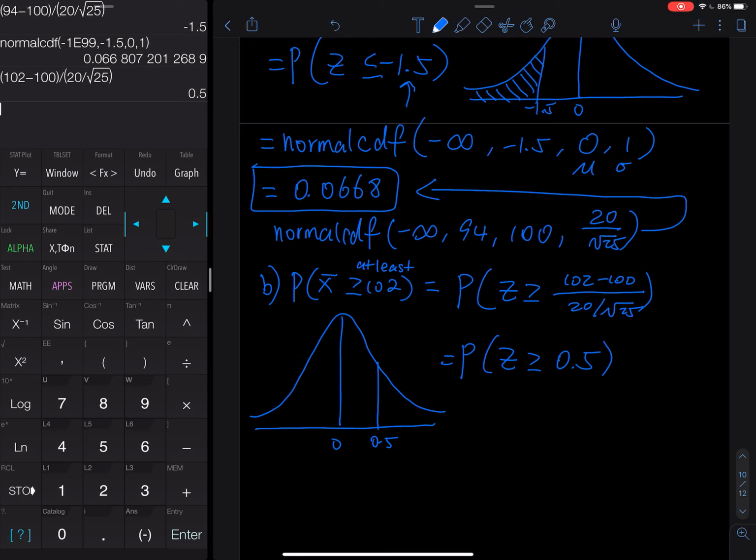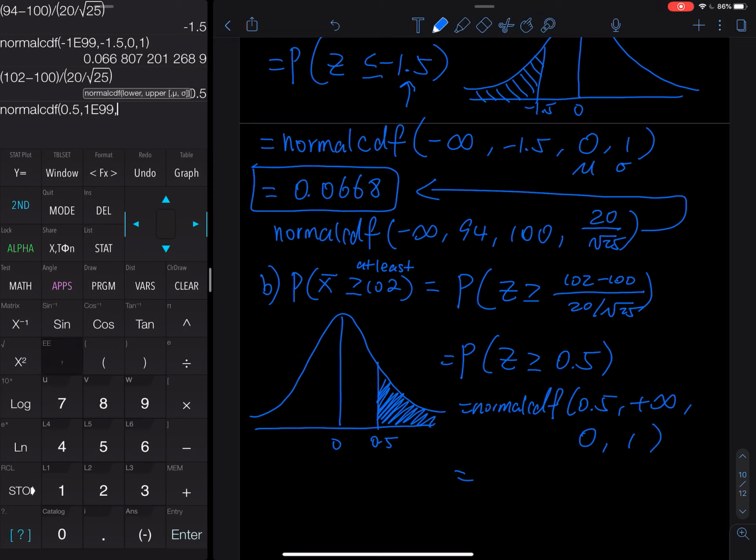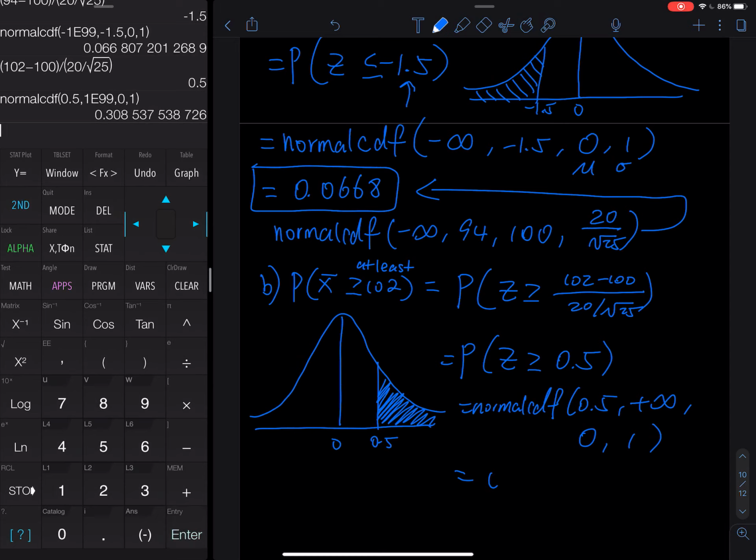They want a greater than, so this is my area. So you have a normal CDF from 0.5 to positive infinity, mean is 0, standard deviation is 1. Second, normal CDF from 0.5 to positive infinity. The mean is 0, standard deviation equals 1, giving 0.3085.